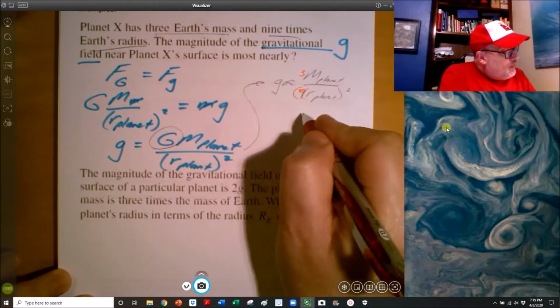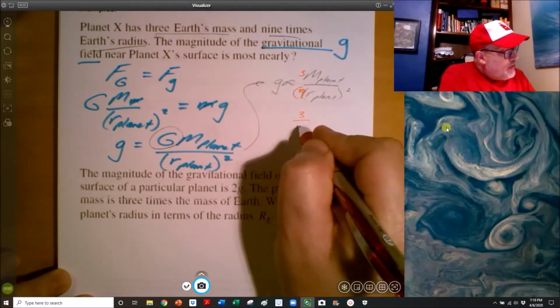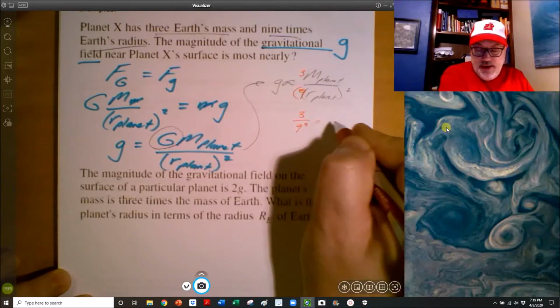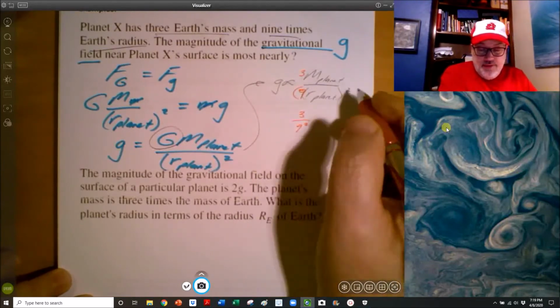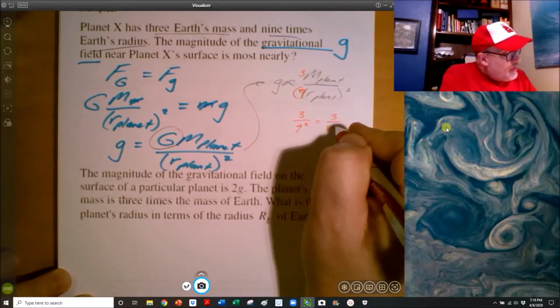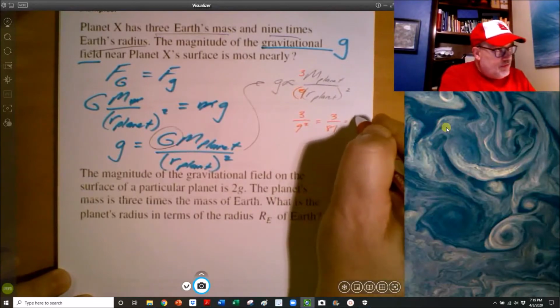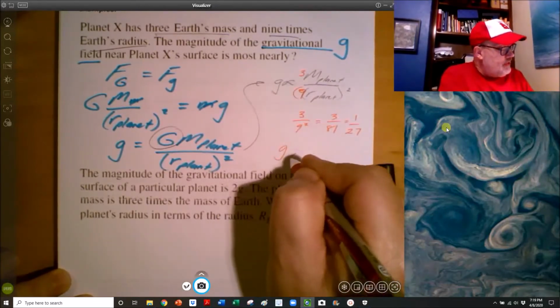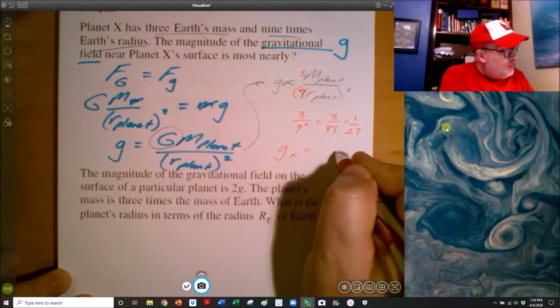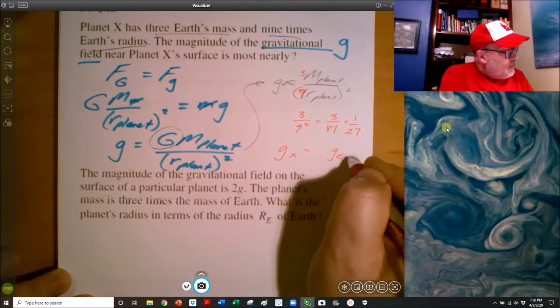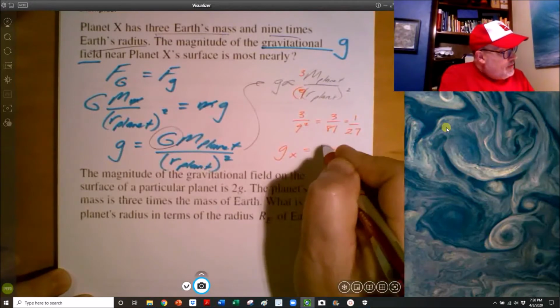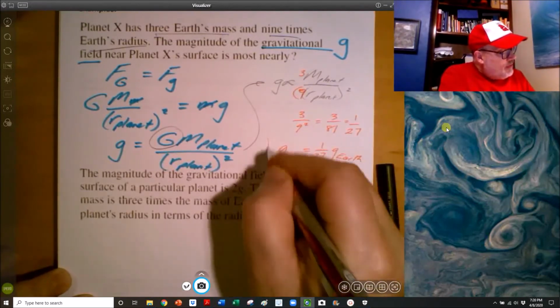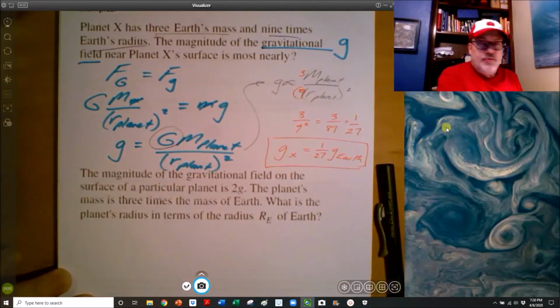So we end up with a 3 in the numerator and a 9 squared in the denominator. That gives us 3 over 81, which is 1 over 27. That means g for planet X would equal 1/27th of Earth's. There we go.